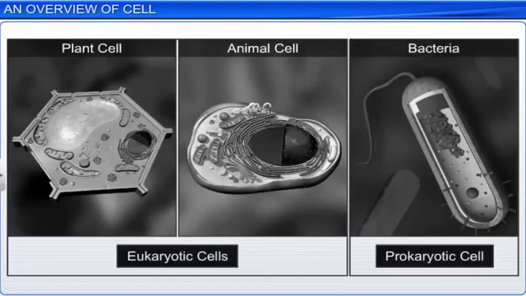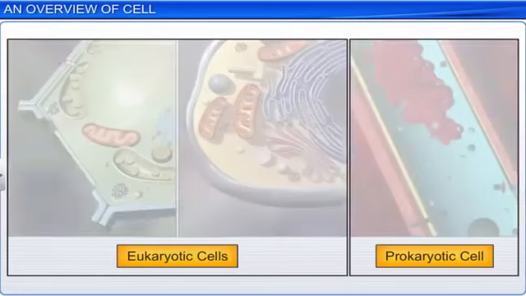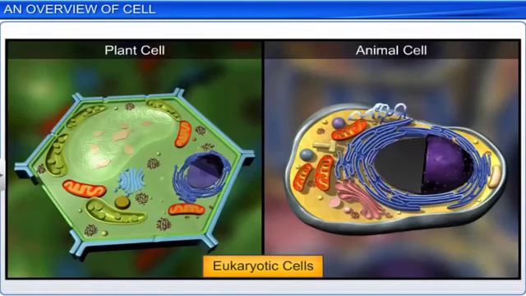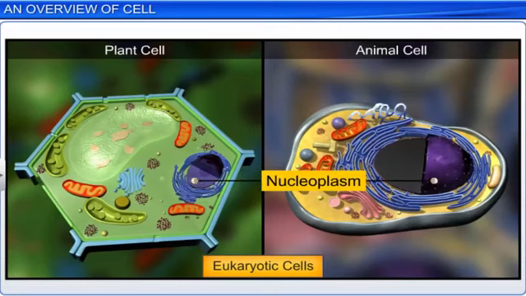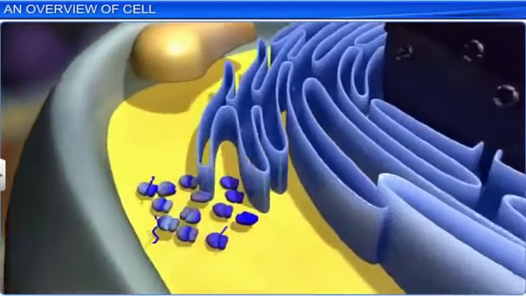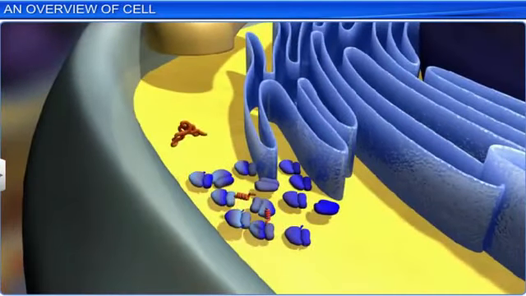Both eukaryotic and prokaryotic cells are filled with cytoplasm, a semi-fluid matrix present inner to the cell membrane. However, in a eukaryotic cell, the cytoplasm does not include the nucleoplasm, the nucleus matrix filled with the contents of the nucleus. Cytoplasm is a hub of activities and chemical reactions, such as protein synthesis, that help the cell remain alive.